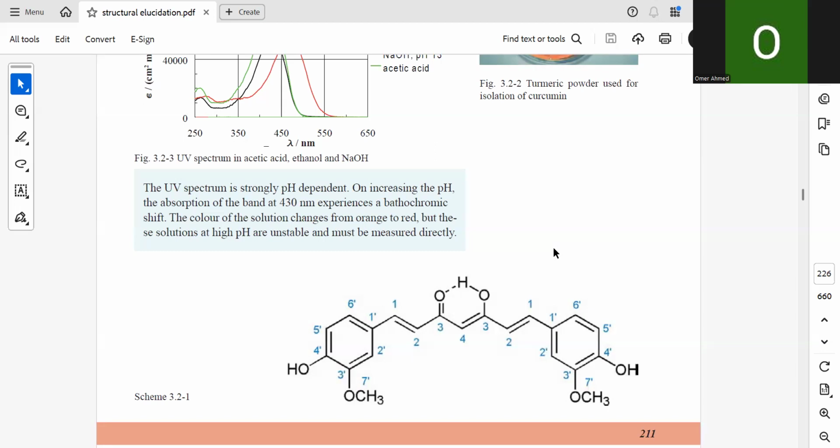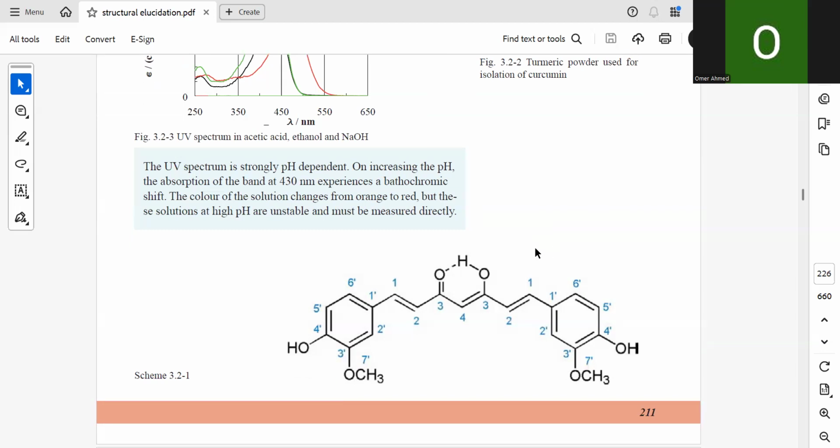So the curcumin, as we can see from the screen, consists of two benzene rings. We have two hydroxyl groups and two methoxy groups.